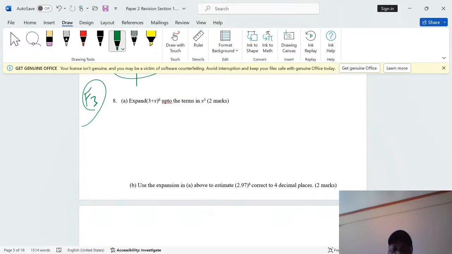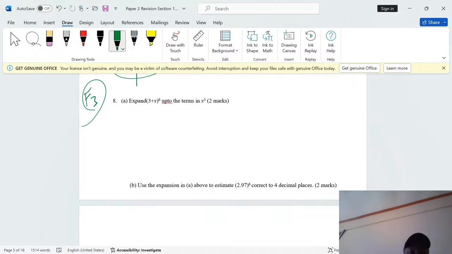Therefore, this is a binomial expansion to the power of 6, and we are going to expand it. The first thing you should know is that the powers of 3 will start at 6 and start decreasing as we progress. And the powers of x will start at 0 but begin to increase as we progress.